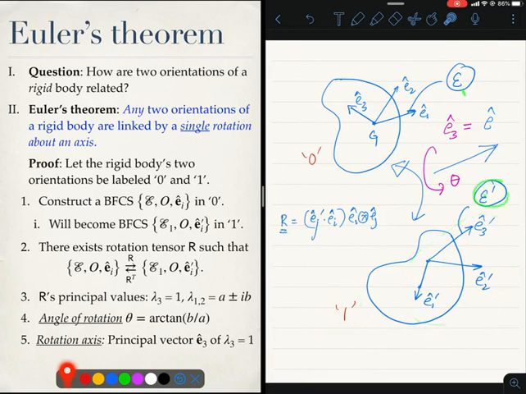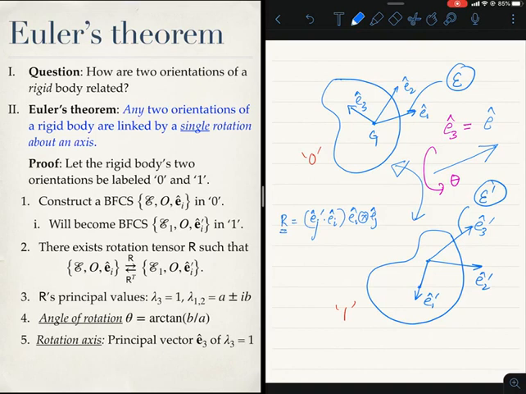Since I know E and E prime, I can construct the rotation tensor R. Since I can construct R, I can compute its real principal vector, which gives me the axis of rotation, and I can construct the complex eigenvalues of R, from which I can derive the angle of rotation theta, which is how much I need to rotate about E to go from orientation 0 to orientation 1. So by this I have proved Euler's theorem. This is the fundamental theorem of rigid body motion, and everything will usually flow from here.